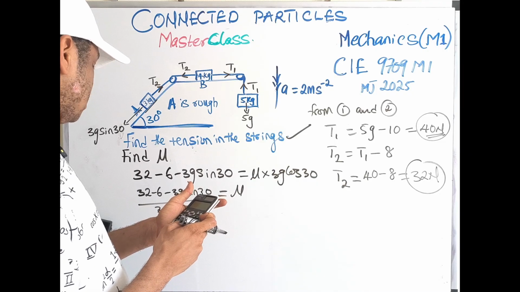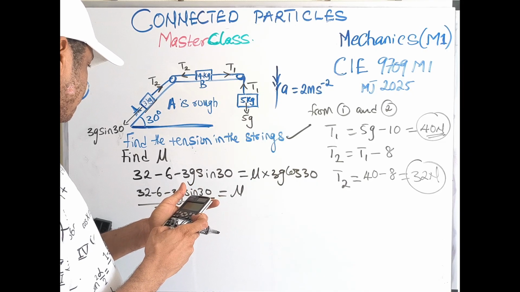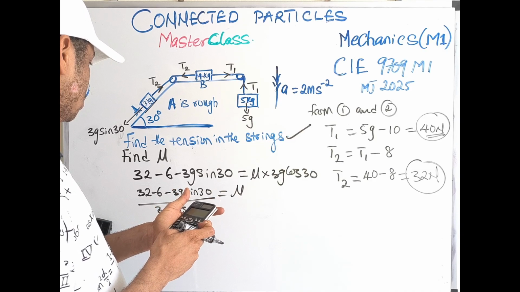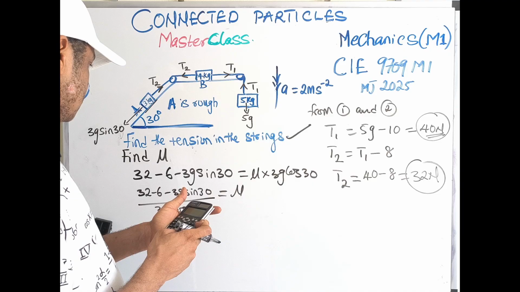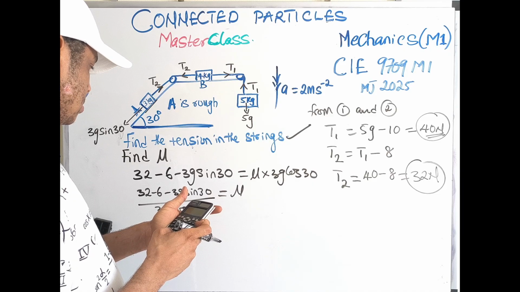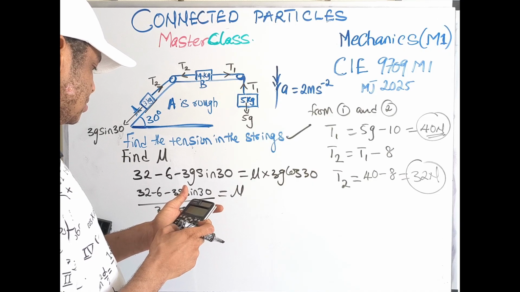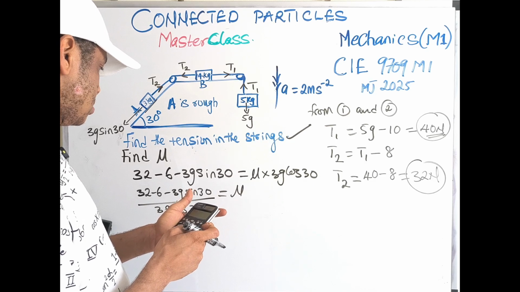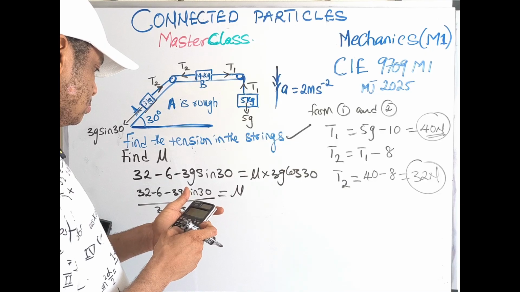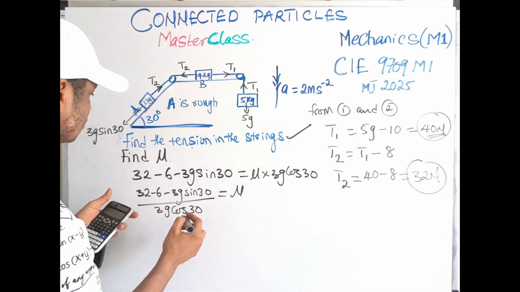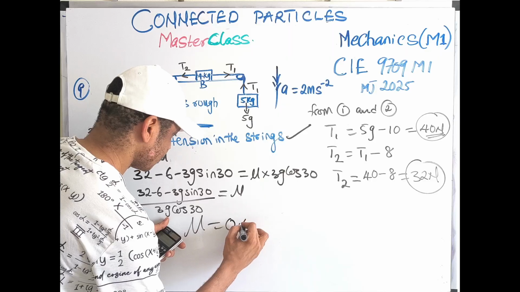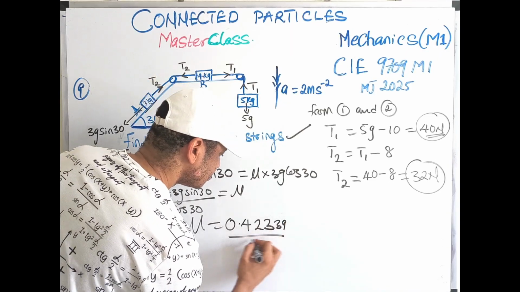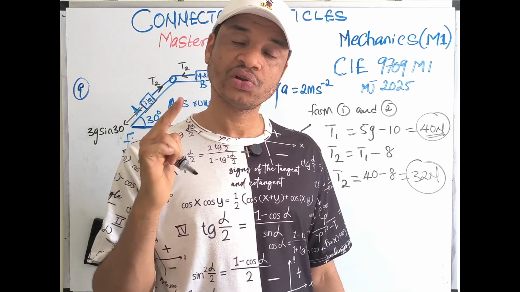So that should give me my mu as 0.42339. I believe this is correct because mu is always less than 1.